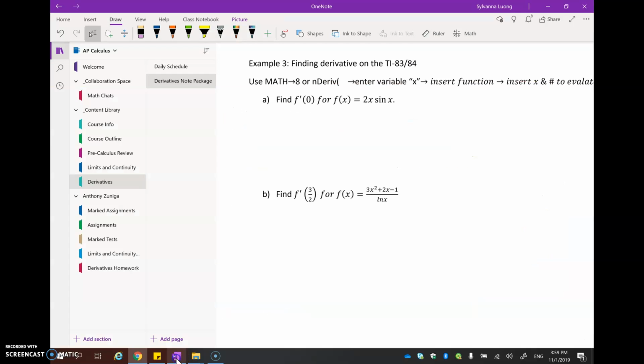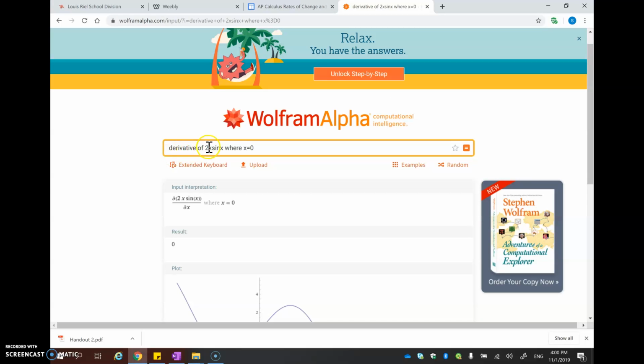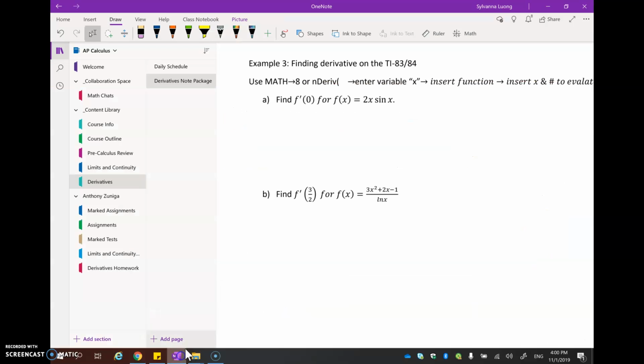And in our first example, it's 2x sine x. So I just wrote the derivative of 2x sine x, and then I gave Wolfram Alpha the value so it can evaluate it. So the derivative of 2x sine x, where x equals 0, the result is 0. So I can just write that in here. So f prime of 0 is going to be 0.